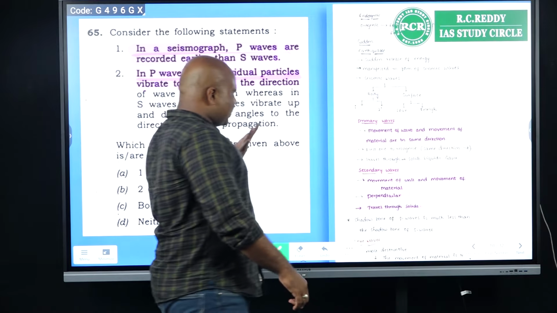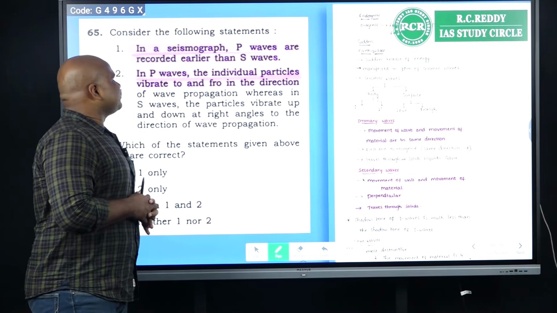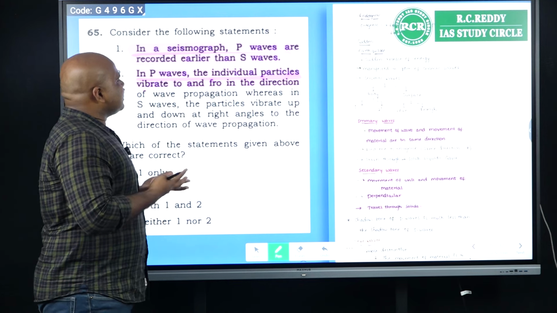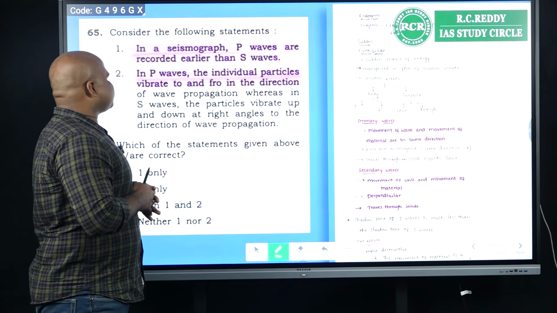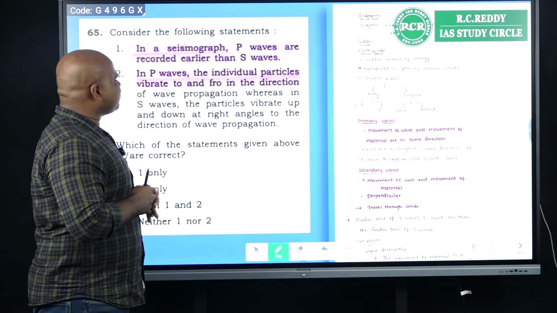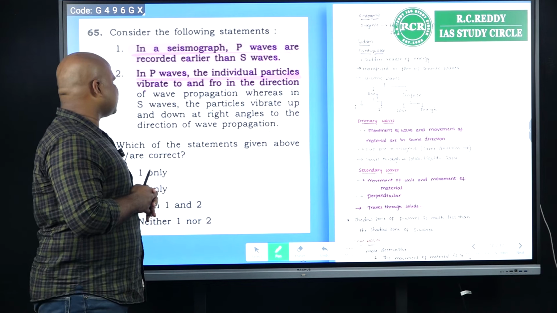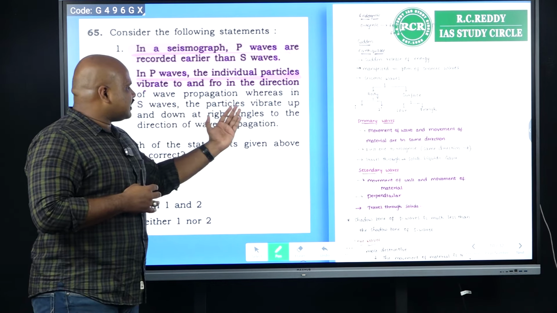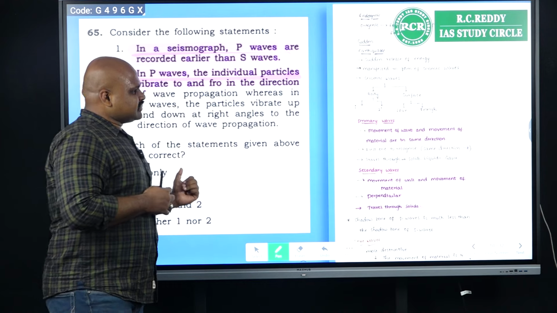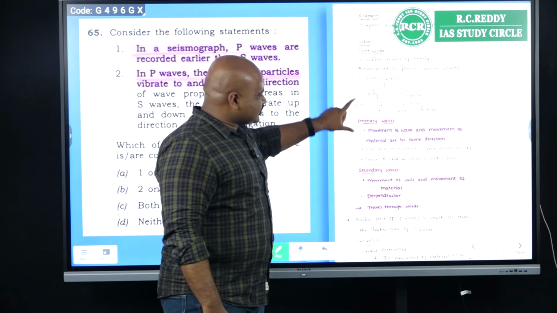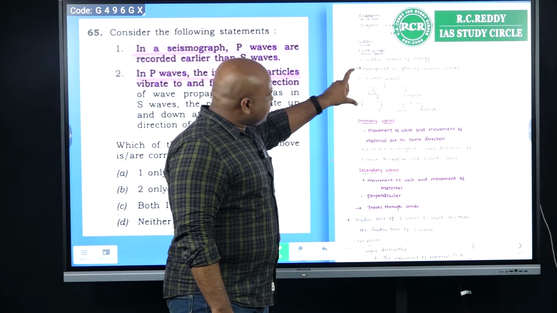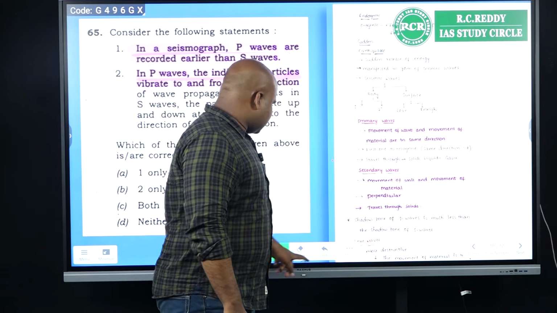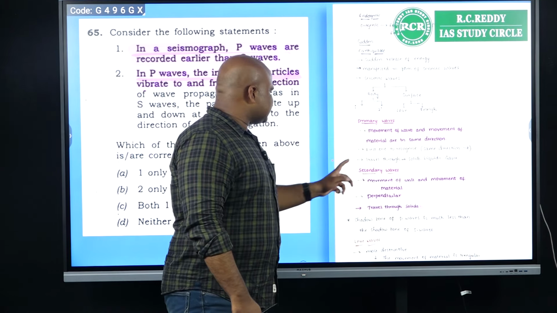One more sample is from the context of seismographs. In a seismograph, P waves are recorded earlier than the S waves. In P waves, the individual particles vibrate to and fro in the direction of the wave propagation, whereas in S waves, the particles vibrate up and down at right angles. When you observe the characteristic features of P waves and S waves, this was very clearly dictated in the class.